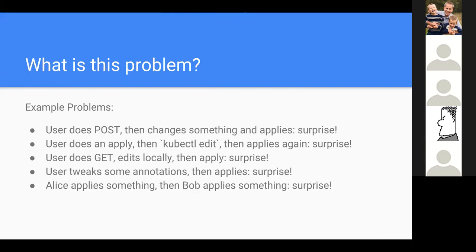I think it's "The Dark Art of kubectl apply." That goes through some of the ways users are surprised by kubectl apply. There's a lot of ways to be surprised, and these are all ways that aren't technically malfunctions of kubectl apply. These are the user following the wrong workflow, and we don't really detect that and help them not follow the wrong workflow. So I won't read the slide.